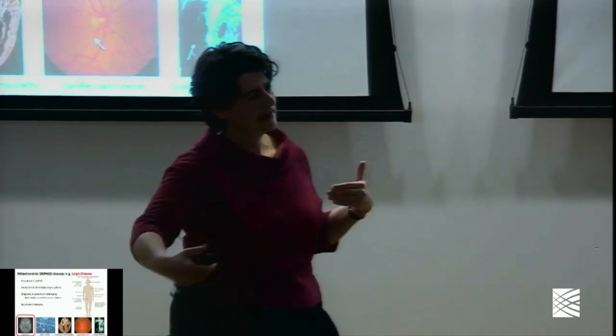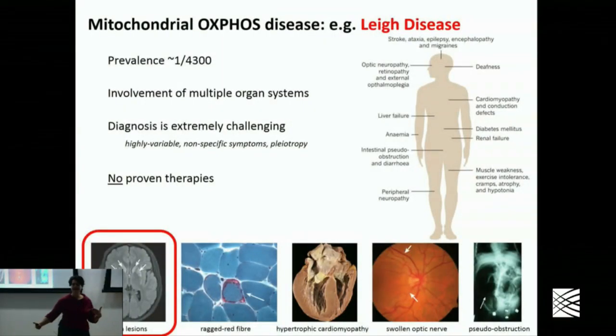So that's at the end of the spectrum of some of the least severe mitochondrial diseases. The most severe are a class of diseases called Leigh disease, characterized by these very specific MRI findings. And these are typically infants who in the first months of life have enormous failure to thrive.